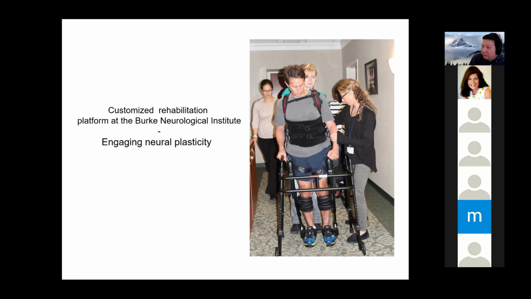But in real life, plasticity is very limited, and spinal cord injury patients, even with intensive rehab, typically do not recover to the degree that they need in terms of useful functionality.